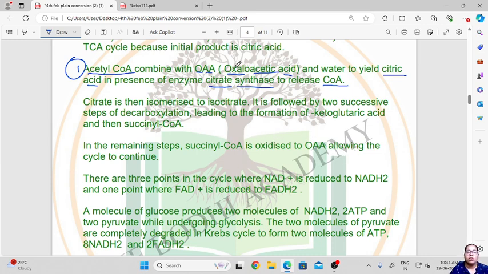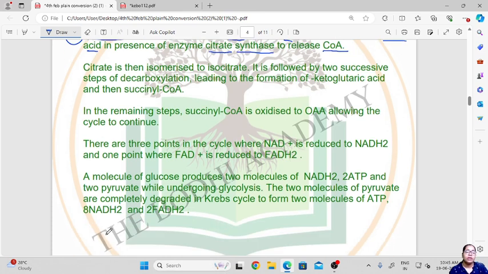OAA is your oxaloacetic acid, allowing the cycle to continue. There are 3 points in the cycle where NAD plus is reduced to NADH2 and 1 point where FAD plus is reduced to FADH2.